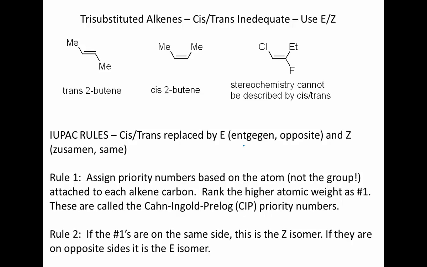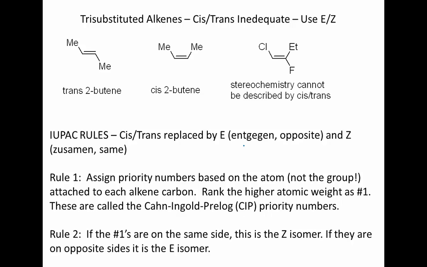Remember, it's just the atom that's directly attached to the alkene carbon. We rank the higher atomic weight as priority 1, and the other as priority 2. These are called the Cahn-Ingold-Prelog priority numbers. We're going to revisit them in Chapter 7, so it's important to remember the rules for how to assign them right here.